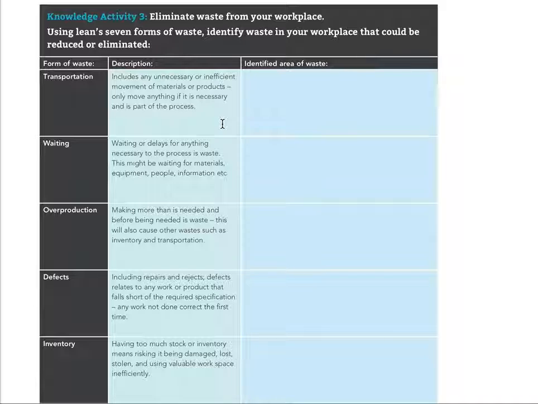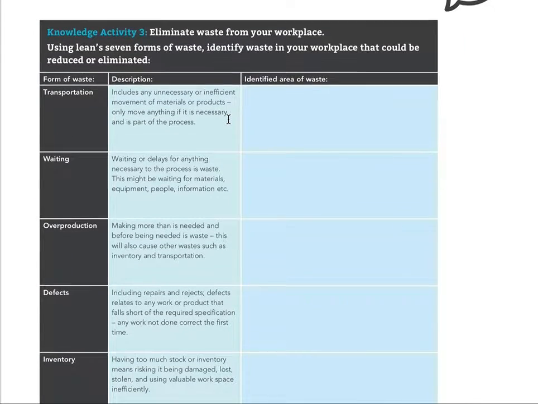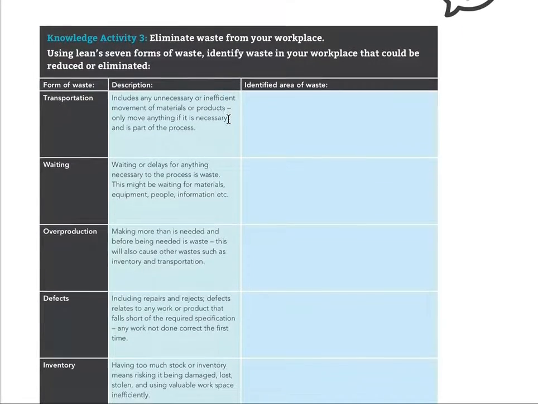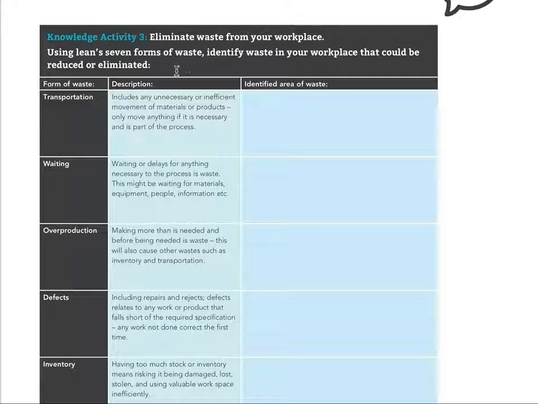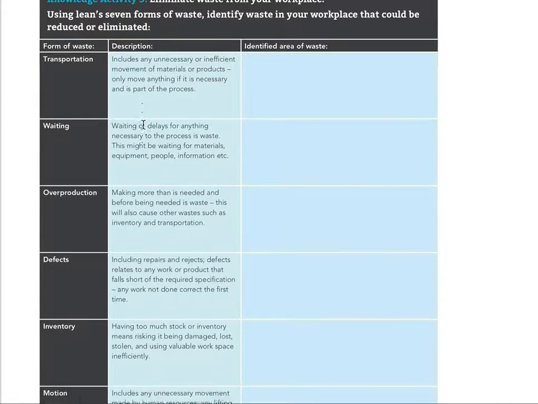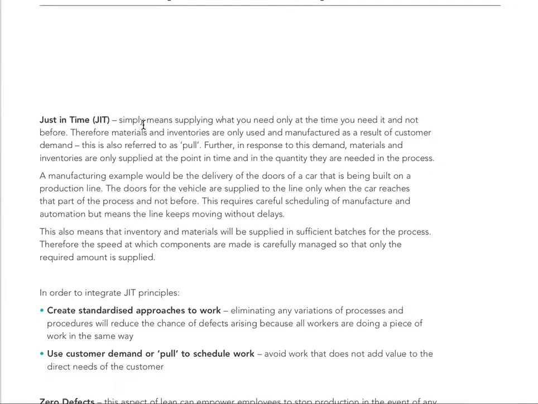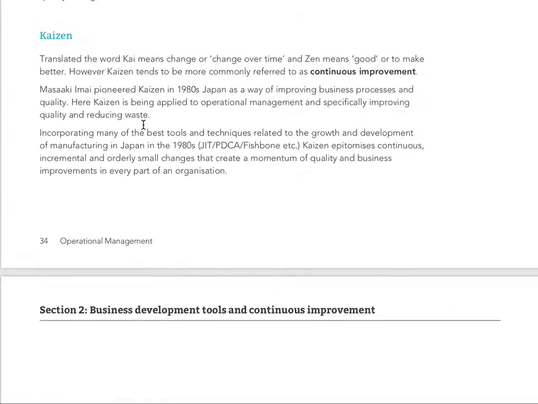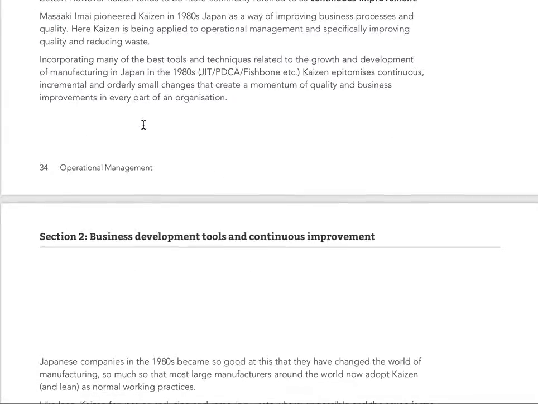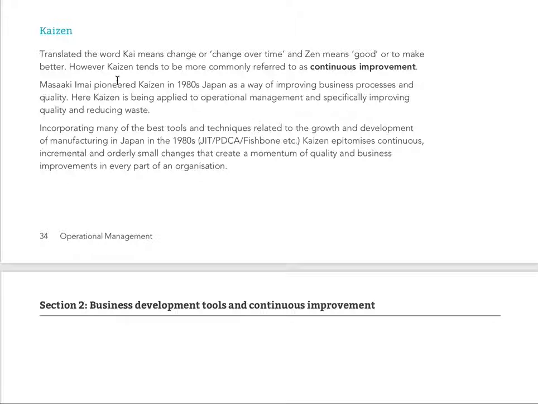Make them relevant, right? So for example, right now I'm looking at page 33 of the ILM workbook. If you're trying to eliminate waste from your workplace, you could use this form, but your operational plan might not be on that element, so you don't have to use it. But as we go down, it does talk a little bit about the models.